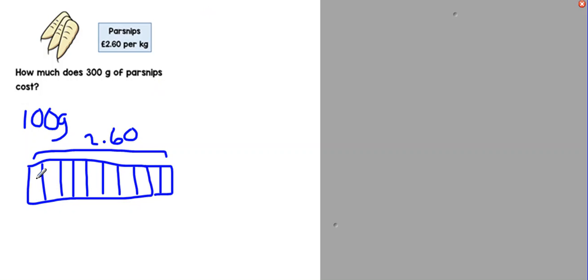So I have split my bar model into 10, okay, because that is how much there is in a kilogram, okay. So then you would do £2.60 divided by 10 to find out your first 100 grams, okay, to find this bit here. And once you've done that, you need to find 3 of those. So you would have 1, 2, and 3. Okay, you need to find out how much 300 grams costs. Okay, so pause the video now and have a go at that one.